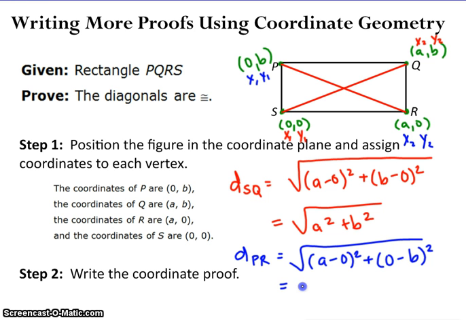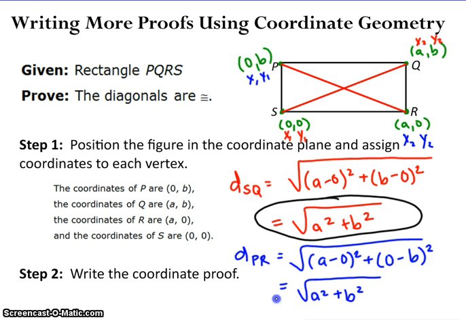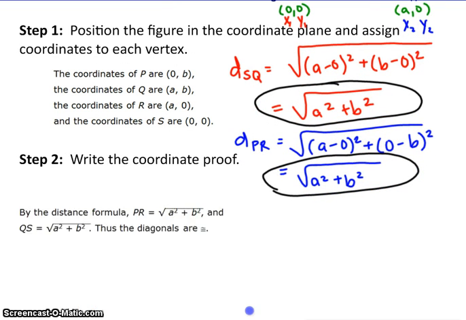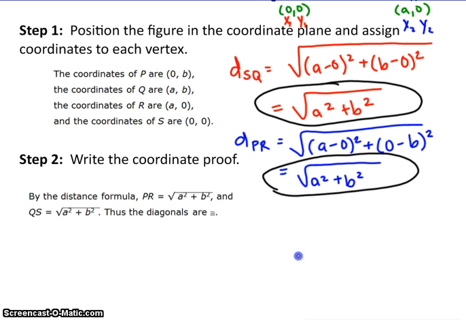So we get a squared is a squared, a minus 0 is a, 0 minus b is negative b squared is still a positive b squared. So what do you notice? We notice that both the distance of SQ and PR, the two diagonals, are congruent. And because they are congruent, we can prove that the diagonals must be congruent for every rectangle.